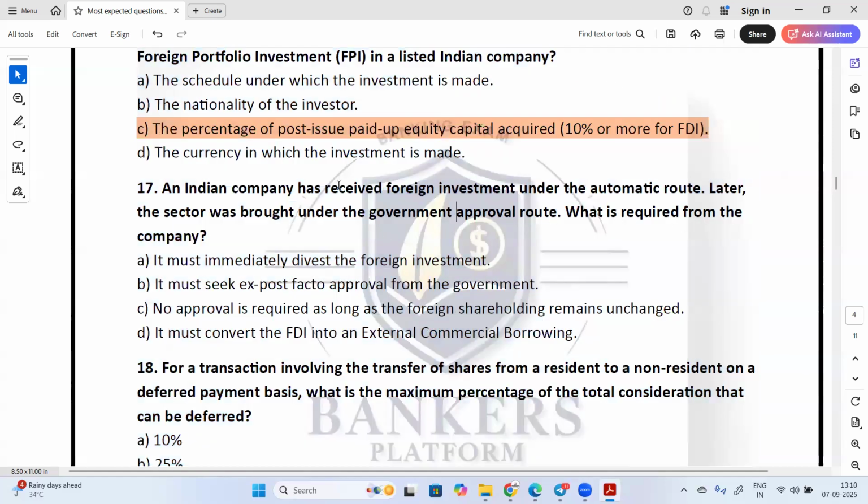Our options are: it must immediately divest the foreign investment; it must seek ex post facto approval from the government; no approval is required as long as the foreign shareholding remains unchanged; it must convert the FDI into an external commercial borrowing. So let's see the right answer. The correct answer is C: no approval is required as long as the foreign shareholding remains unchanged.